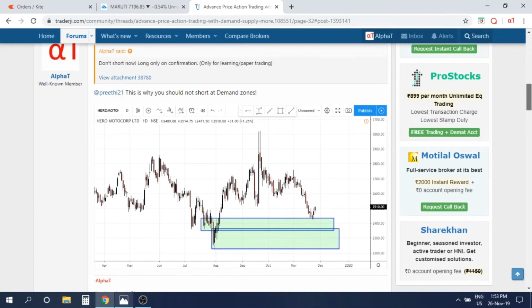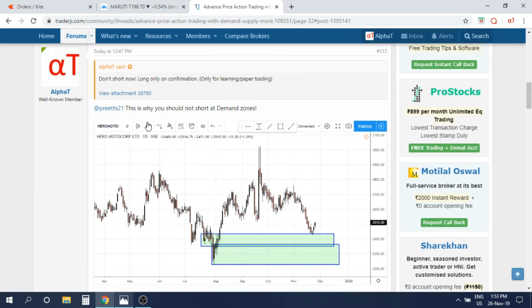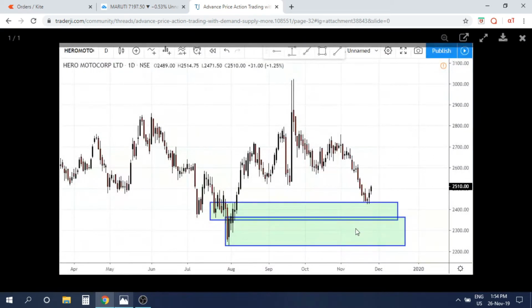Then next, this was interesting. This was the case of Hero MotoCorp. There is a user Preeti21. So she was doing some intraday strategy in which I think she was shorting. She was short, of course, from an intraday perspective. Right over here, she was short this day.